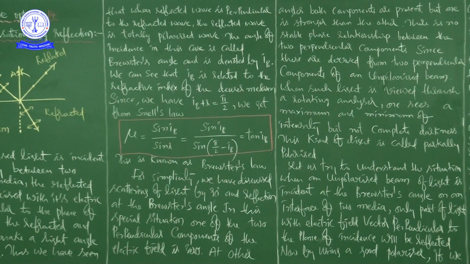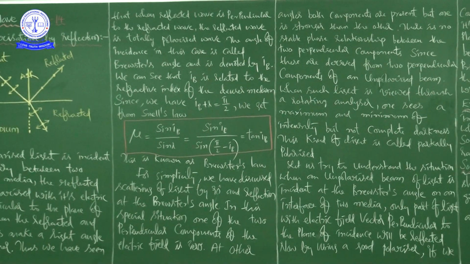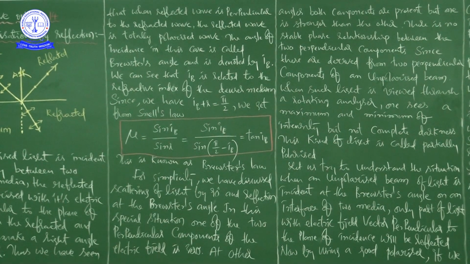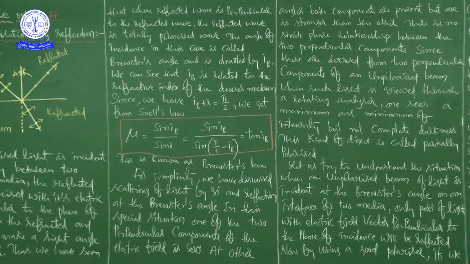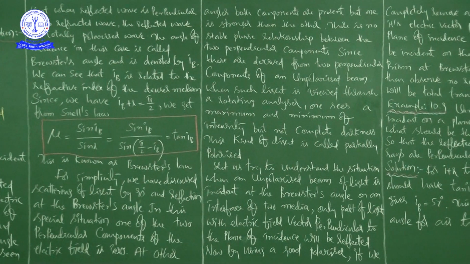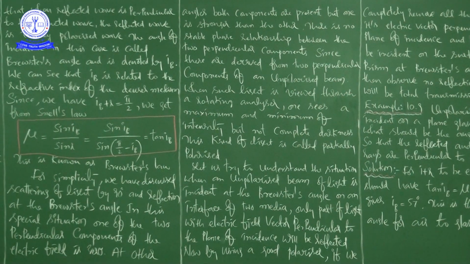But what about at other angles? At other angles, both components are present, but one is stronger than the other. There is no stable phase relationship between the two perpendicular components, since these are derived from two perpendicular components of an unpolarized beam.